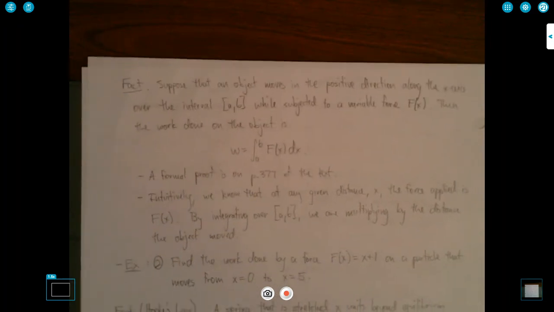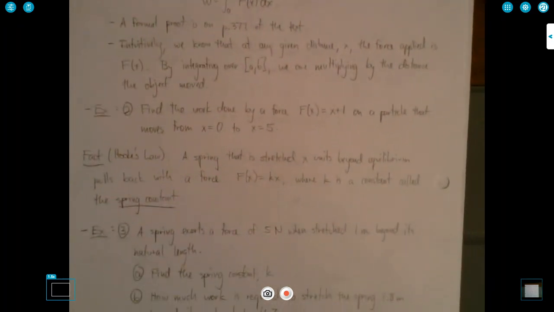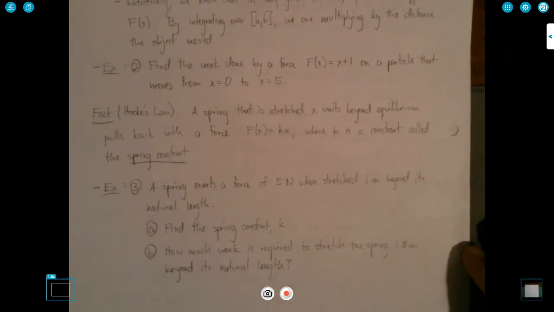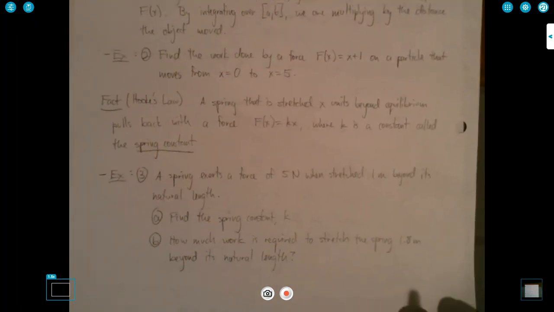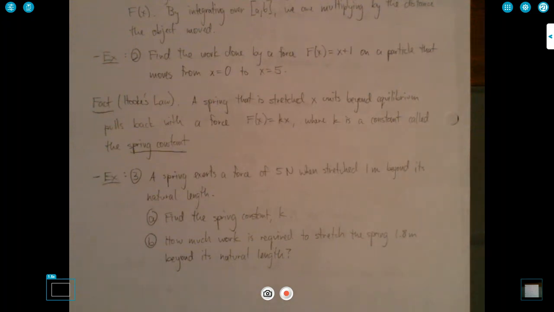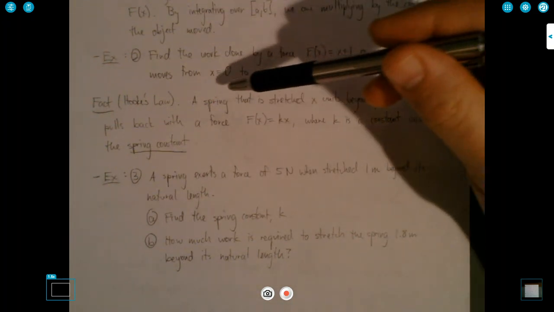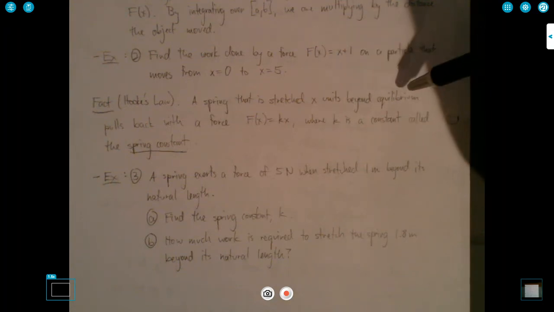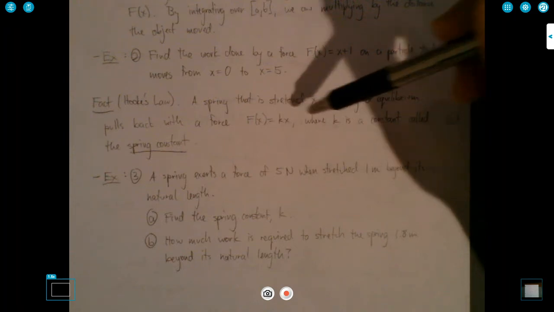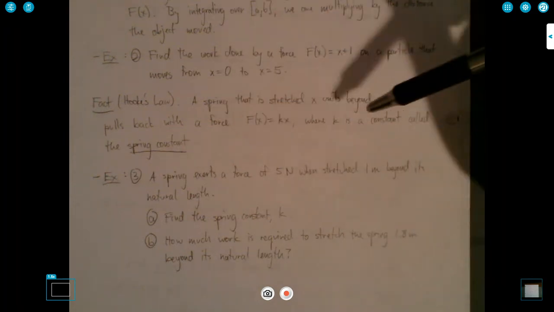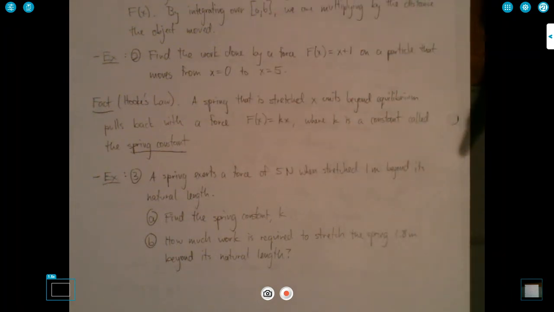One more thing I want to cover here, and again, I'm just scratching the surface. So this is going to be another short lecture. The last thing that I want to talk about is Hooke's law. A spring that is stretched x units beyond equilibrium pulls back with the force of f of x equals kx, where k is a constant called the spring constant. K is going to be different for each spring.